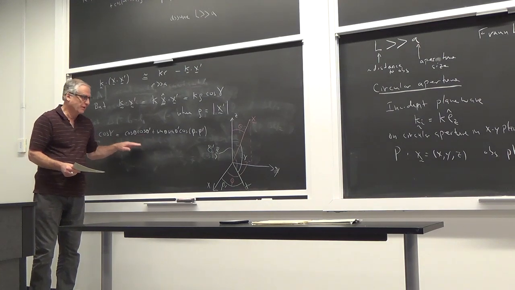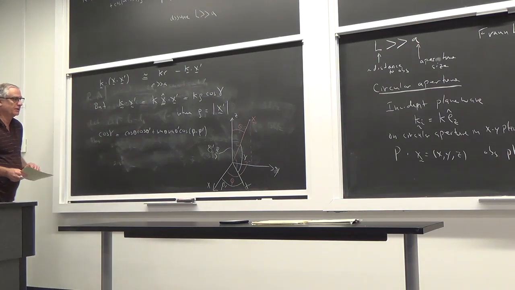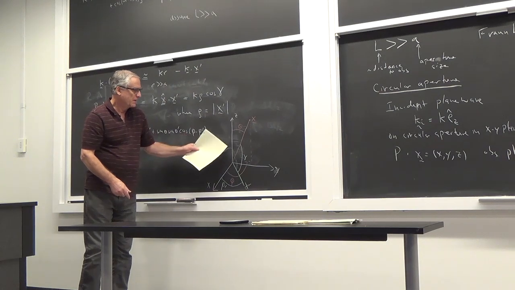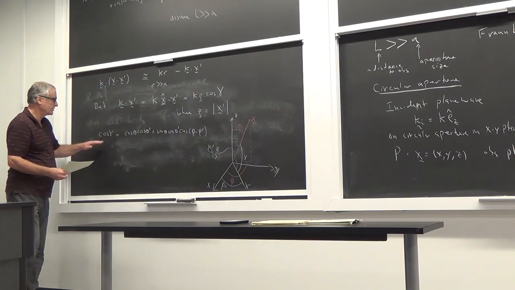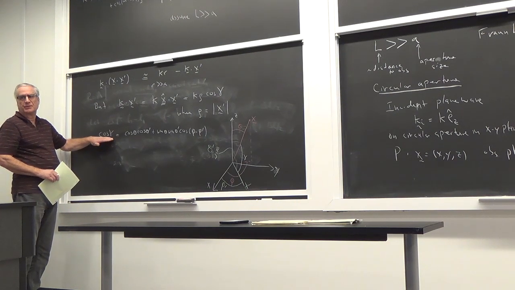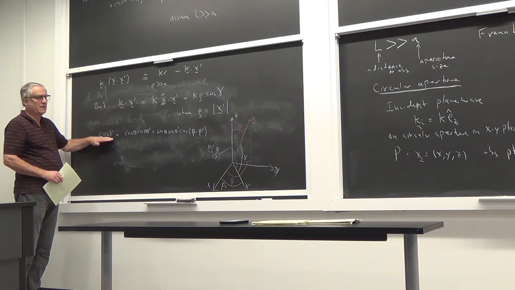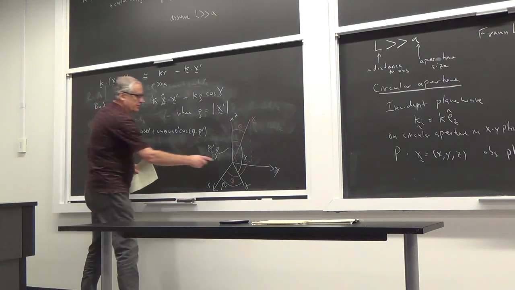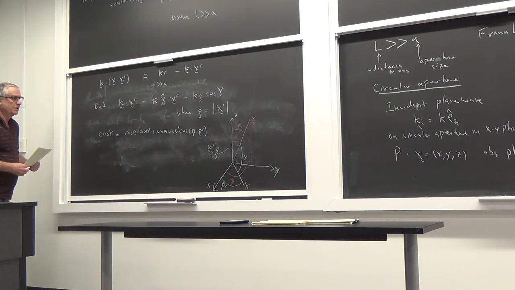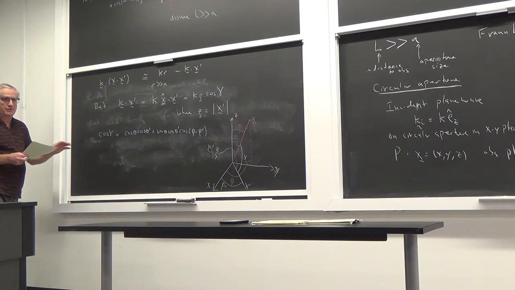So if you've never demonstrated this, it'd be a good idea to demonstrate it. You can just write the Cartesian coordinates of each in terms of polar coordinates, and this is just a dot product between the two unit vectors in the two directions. So you consider a unit vector in this direction, a unit vector in this direction, express their xyz components in terms of theta and phi, take the dot product, and you get this.